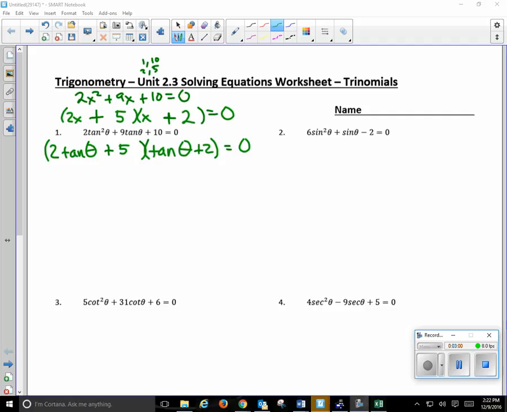Once we had factored it to 2x plus 5 and x plus 2, do you remember what we did then? We said you have a solution here of x equals -2, and here would be x equals -5/2, right? You set both these pieces equal to 0 and solve. 2 tangent of theta plus 5 equals 0, and tangent of theta plus 2 equals 0.